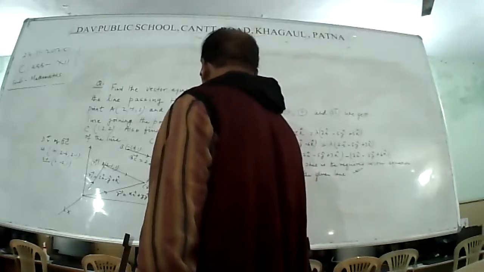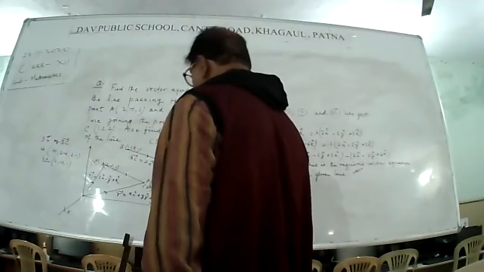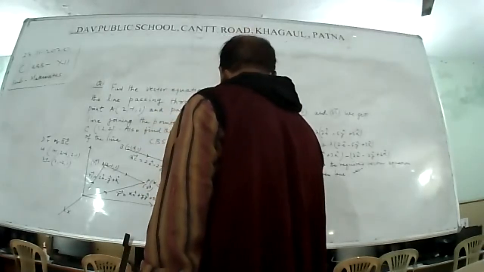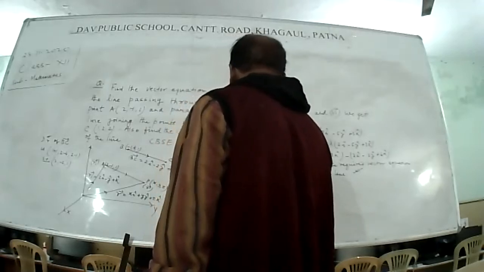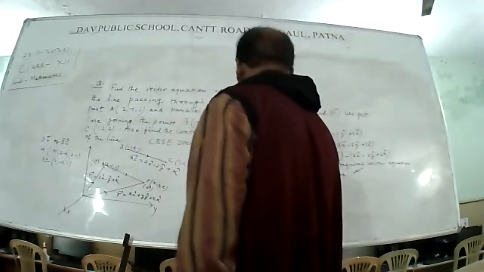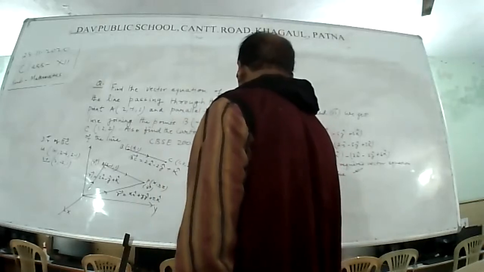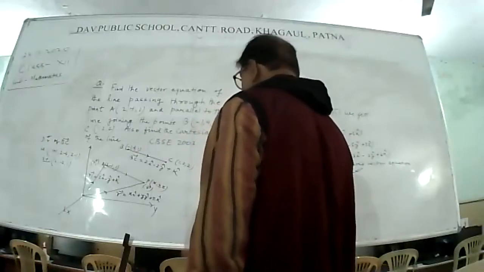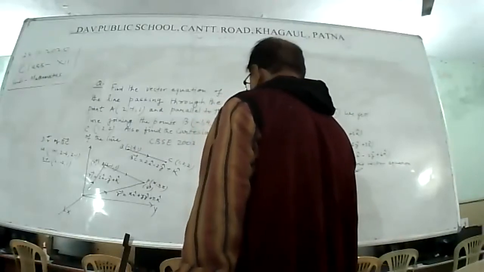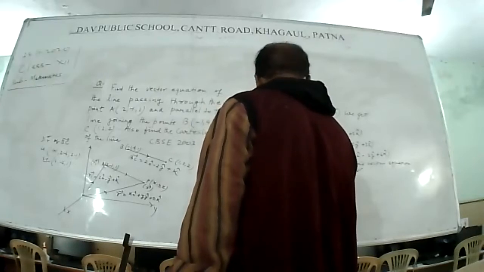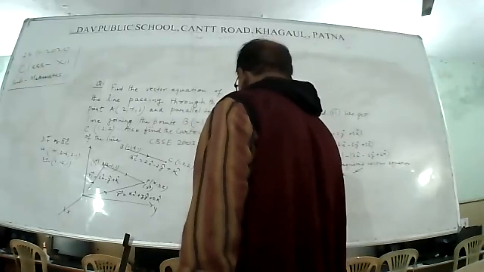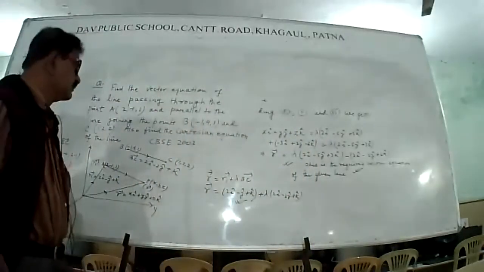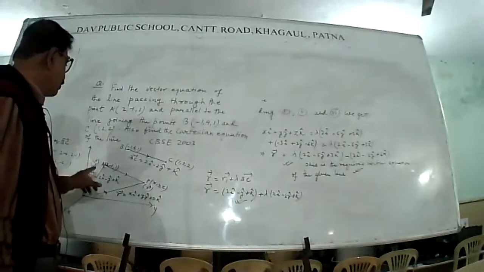So therefore, r vector is equal to r1, which means 2i unit vector minus j unit vector plus k unit vector, plus lambda times BC vector, which is 2i unit vector minus 2j unit vector plus k unit vector. This is the required vector equation of the line passing through the given point A.